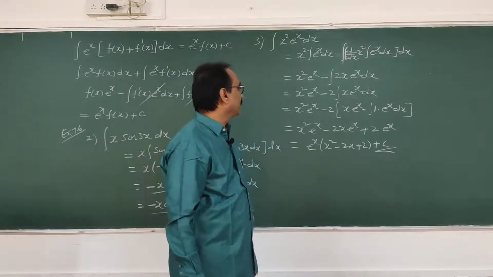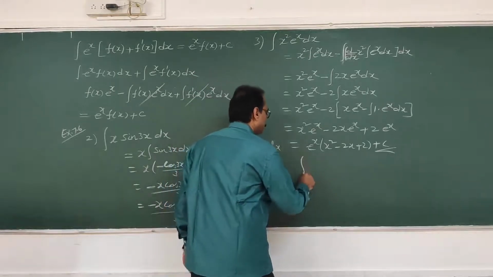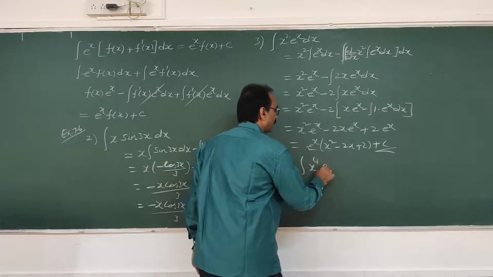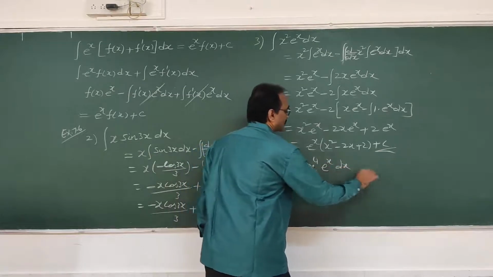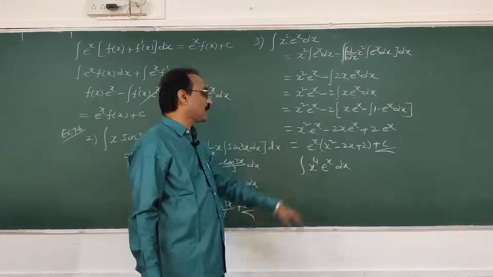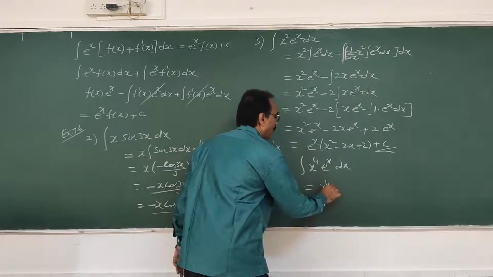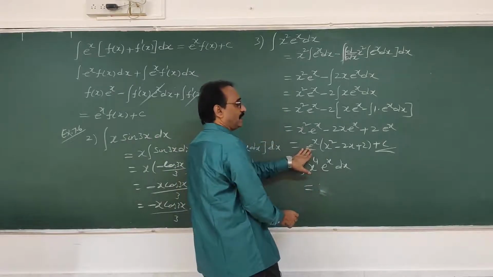So now what do you have to do? For example, I will give integral x power 4 into e power x dx. How many times do you have to do it? You have to do this problem 4 times. So instead of doing that, observe here, e power x is common every time.